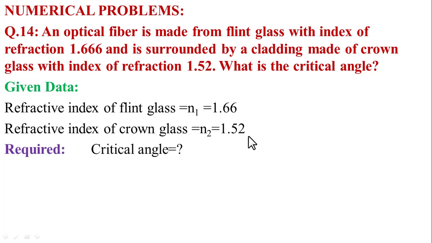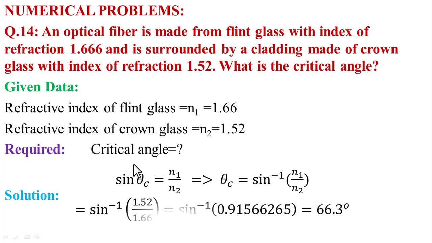Now we can find the critical angle, that is theta c. Sin theta c is equal to n2 divided by n1. This implies that theta c is equal to sin inverse of n2 divided by n1.